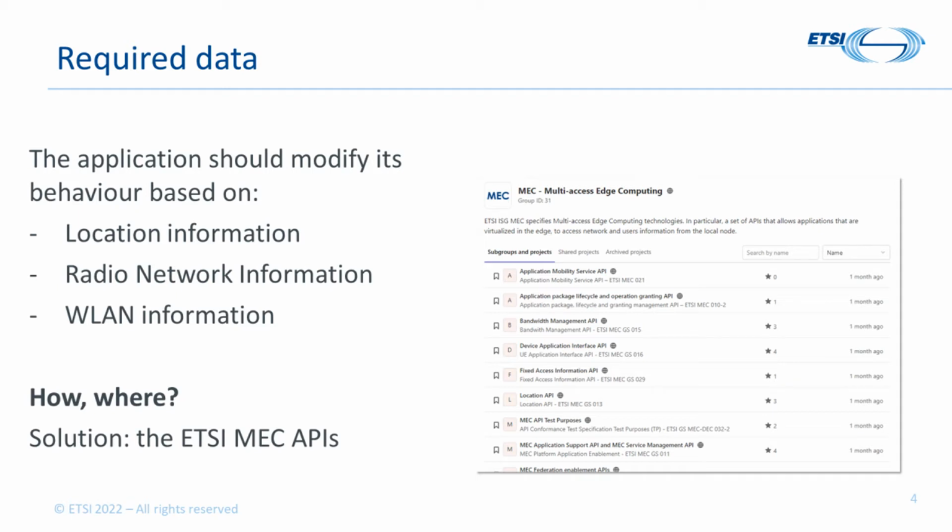The questions were, where do we obtain this information in a standardized way? How can we obtain it? The solution was the use of the ETSI MEC APIs, a set of APIs that allow us to access network and users information in multi-access edge computing environments.